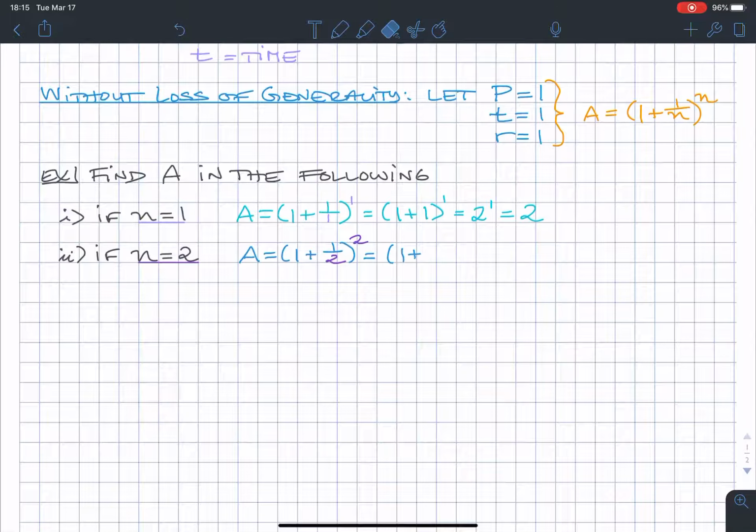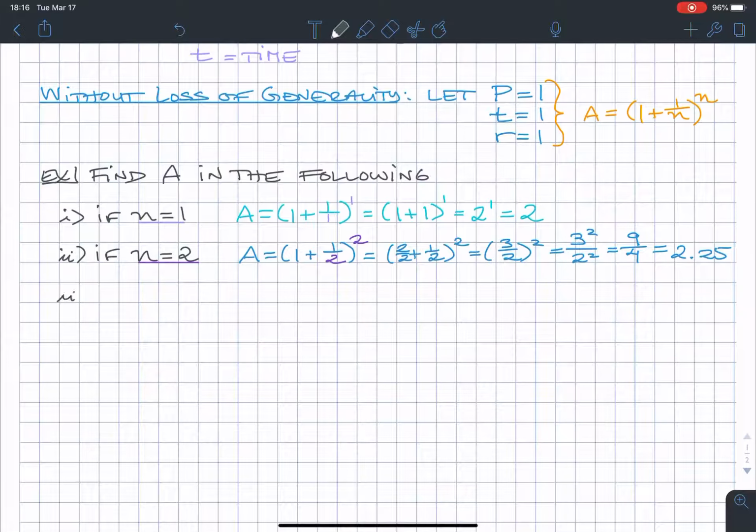Actually, 1 can be thought of as 2 over 2, plus 1 over 2, raised to the second power. So that becomes 3 over 2 squared, which is 3 squared over 2 squared, which is 9 over 4. And you can plug that into your calculator. It's going to be 2.25.